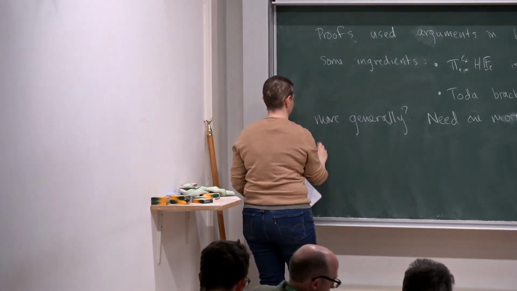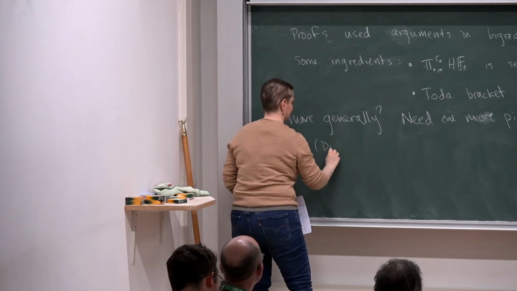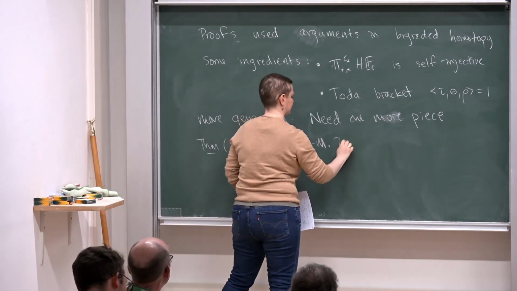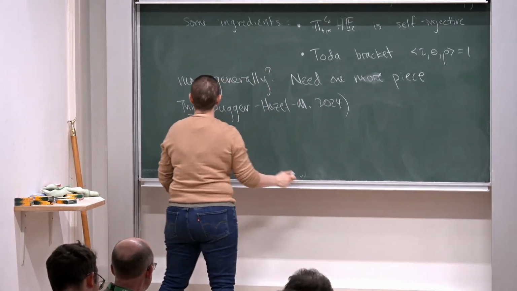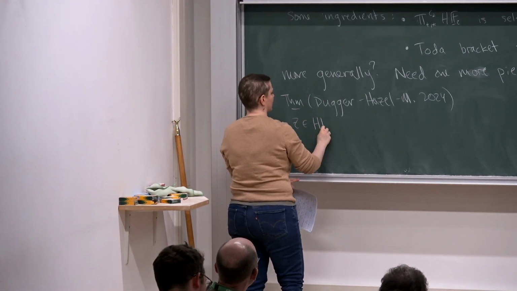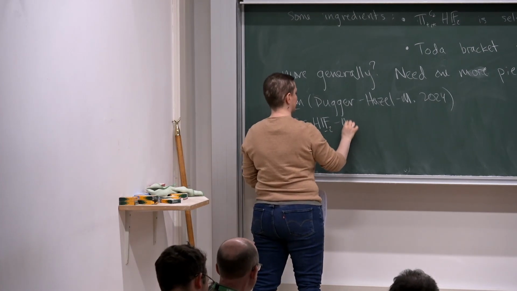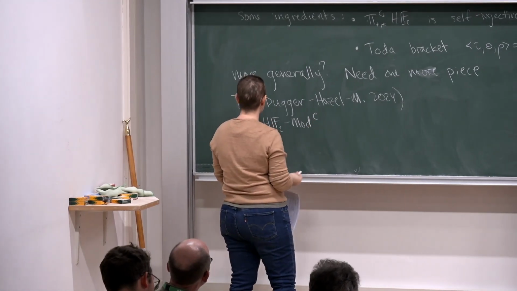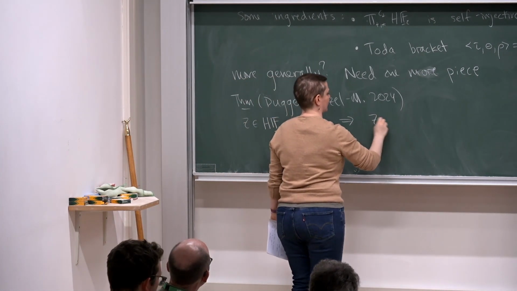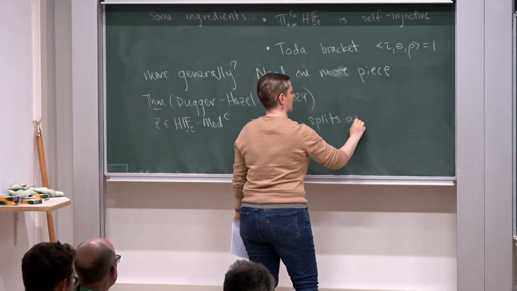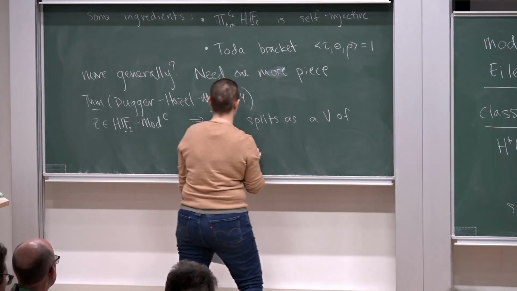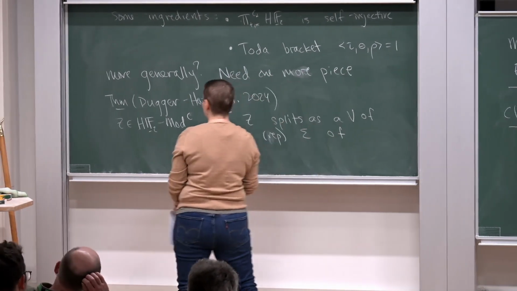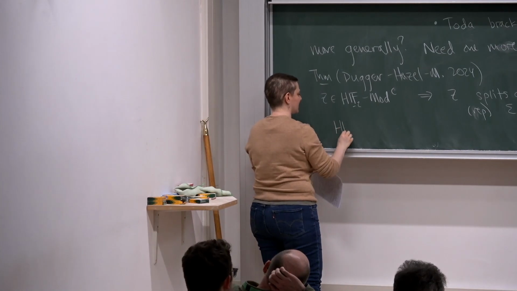Okay, so with Dan Duggar and Christy Hazel, we showed that if you have some compact module over this Eilenberg MacLane spectrum, for example, a C2 CW spectrum smashed with it, but also more, then it splits as a wedge of, again, representation suspensions of, well, of course you need HF2 underline.